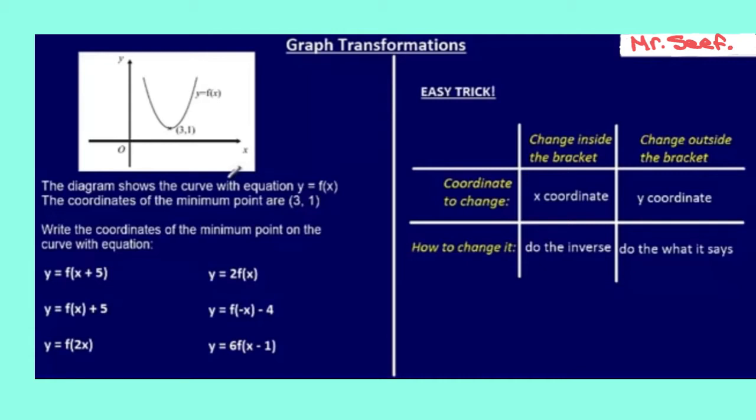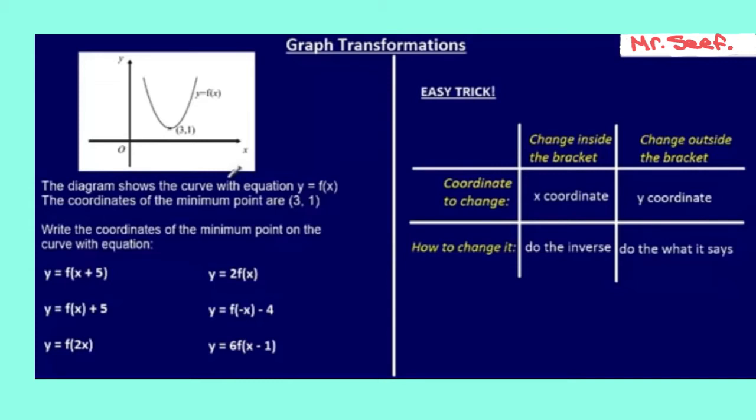So the first one, y equals f of x plus 5. If we look, the transformation takes place inside the bracket. So if we look at our grid, change inside the bracket, that means our x coordinate is going to change. Then how is it going to change?